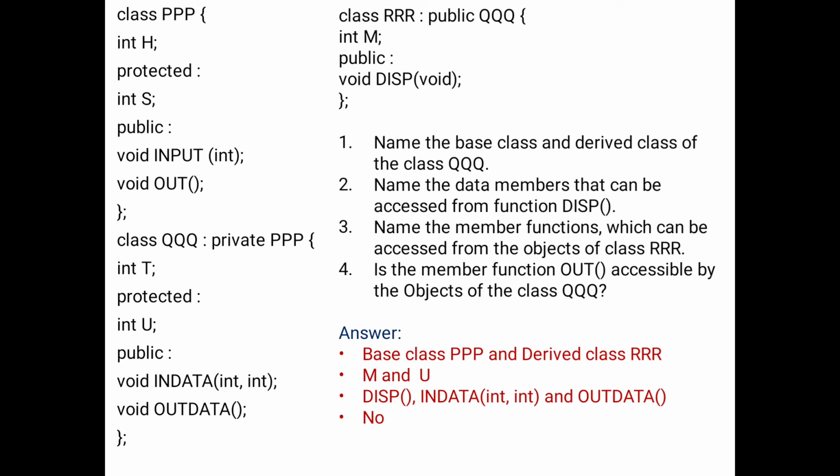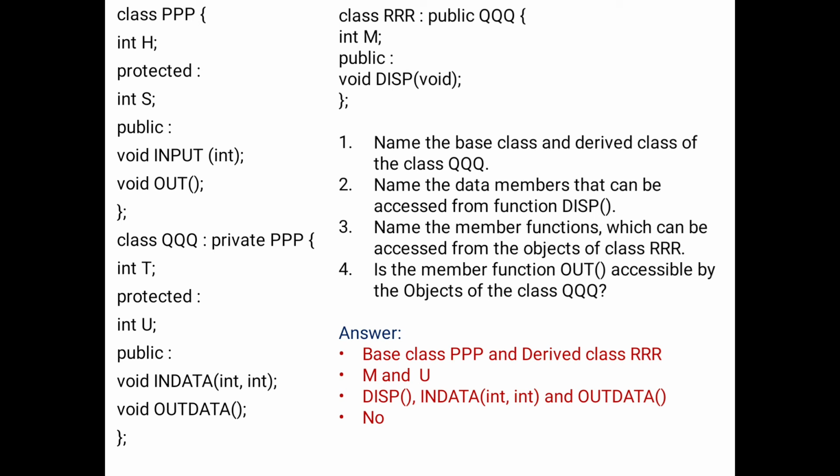Then next: name the member functions which can be accessed from the objects of class RRR. If you declare an object in the main function for the class RRR, and the object name is R, which member functions can this object access?